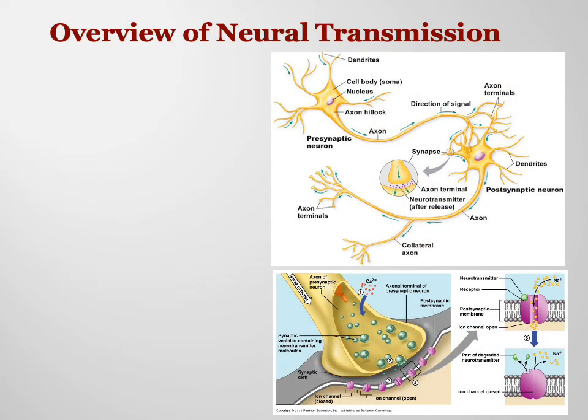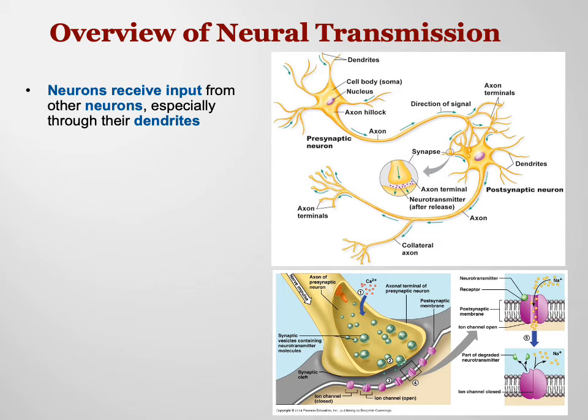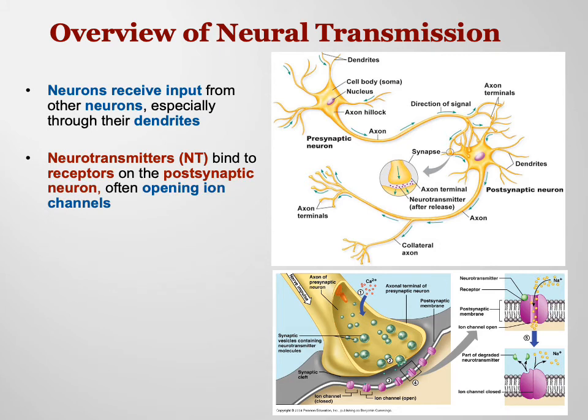Let's then start to look overall at how neural transmission works, okay? As we mentioned before, neurons take input in through their dendrites, for the most part. What happens is neurotransmitters bind to receptors on the postsynaptic neuron, and that often opens ion channels.